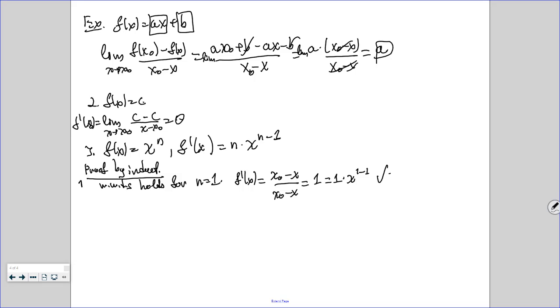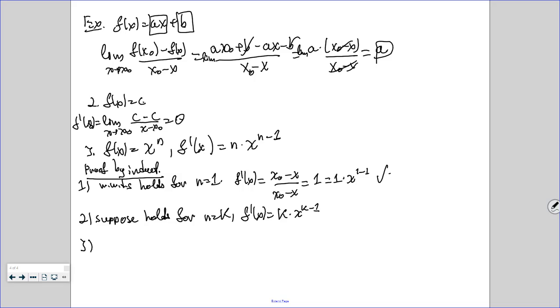So this was step 1. In step 2, we say suppose it holds for n equal to k. So we say that f prime x is equal to k times x^(k minus 1).